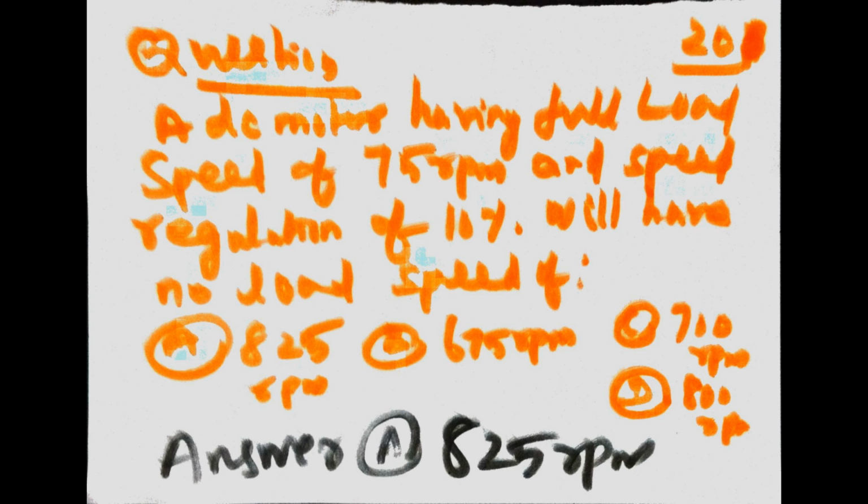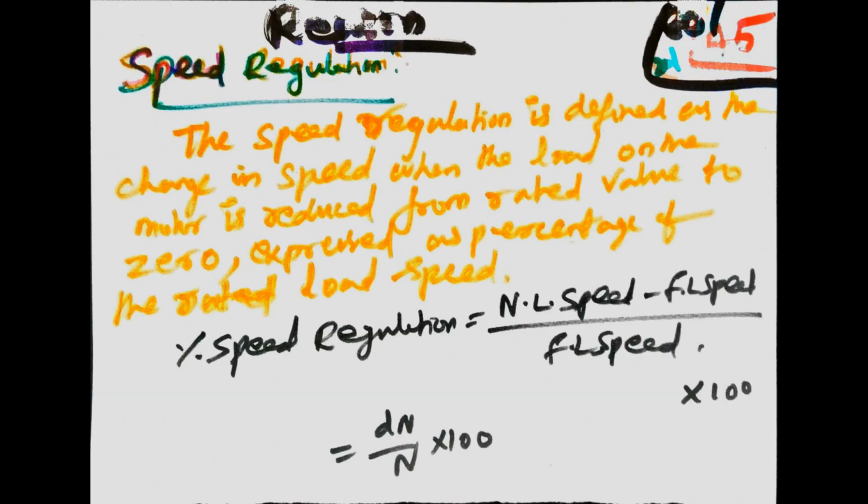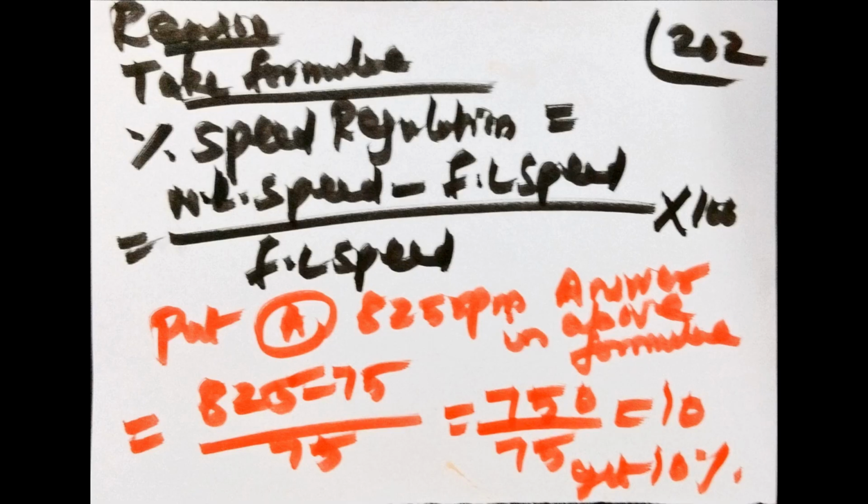Percentage speed regulation is equal to no load speed minus full load speed divided by full load speed into 100, that is dN divided by N into 100. Reason: put the values in that formula. 825 minus 75 divided by 75, that is 750 divided by 75, is equal to 10. We get 10% as the answer.